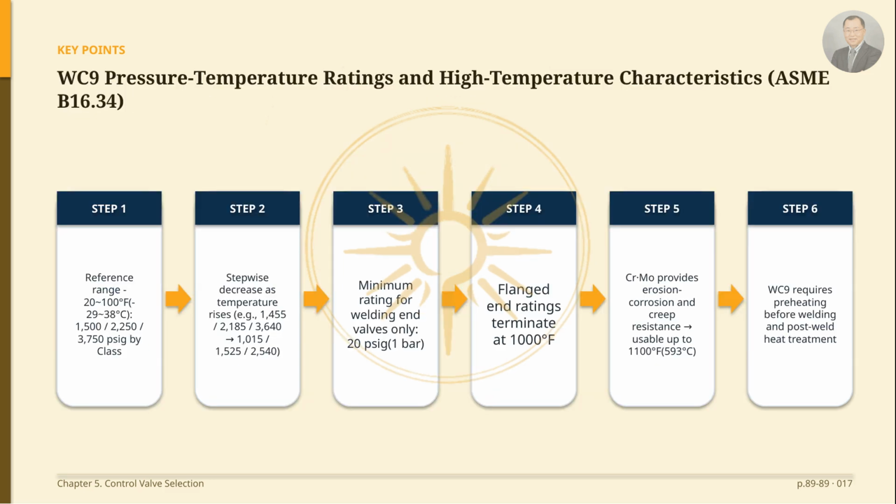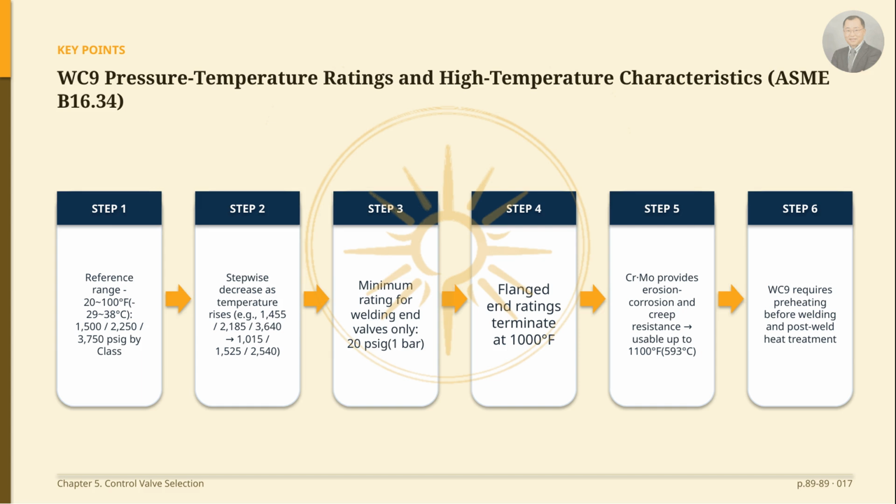I'll now introduce the pressure temperature ratings table and high temperature characteristics of WC9 valves. Based on ASME B16.34, the baseline temperature range of -20 to 100 degrees Fahrenheit allows 1500, 2250, and 3750 psig for each class.